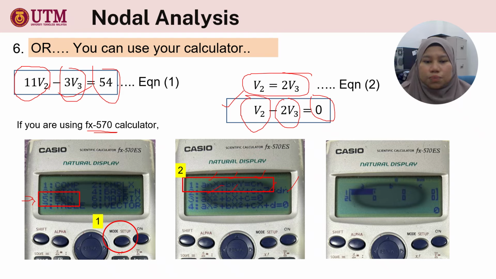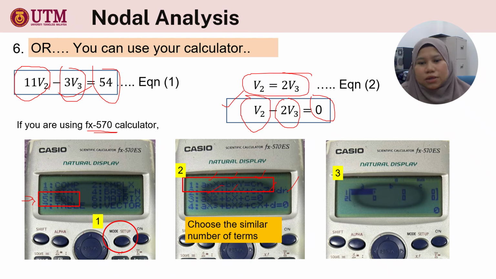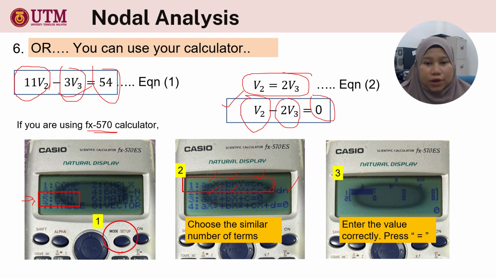After you choose the similar number of them, it will show this display. It will ask you what is the value of term number 1, term number 2, and term number 3. Enter the value like this. This is the first term, so 11. Just enter 11 here.